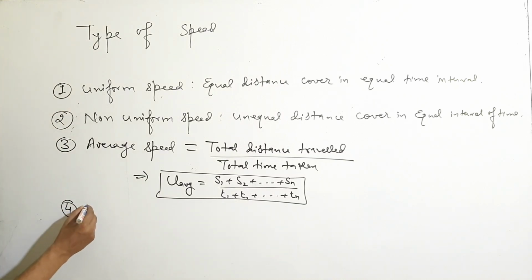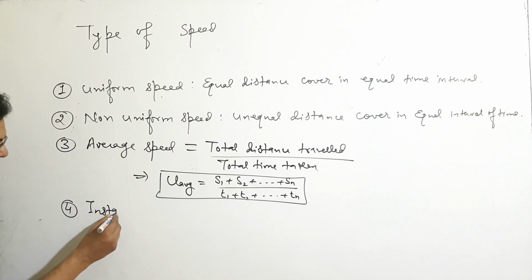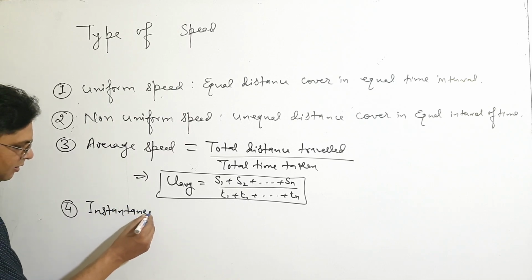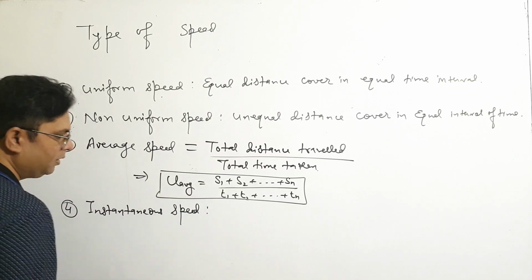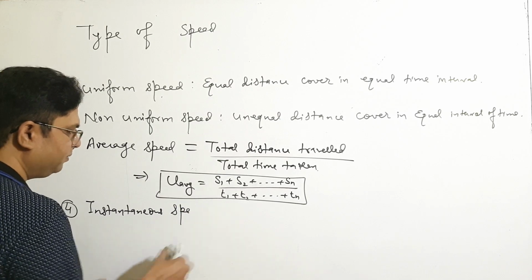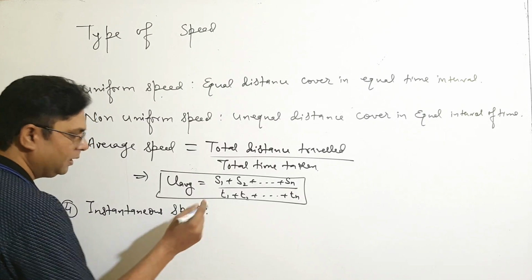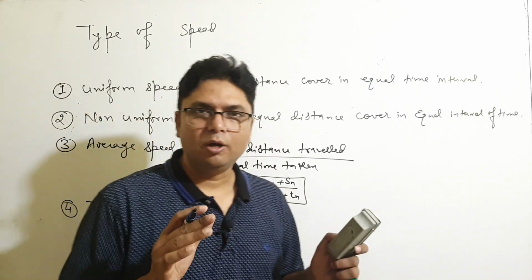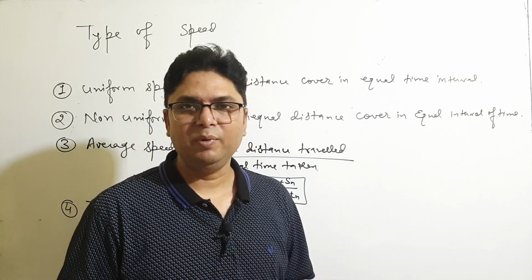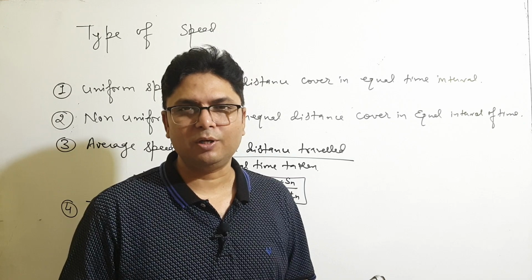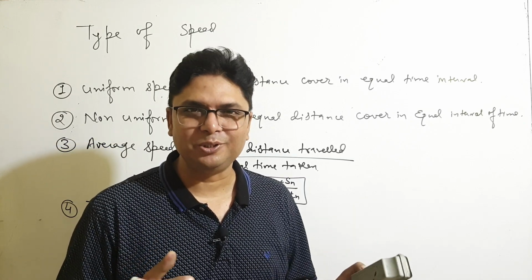Fourth is said to be instantaneous speed. This is the speed at a particular instant of time, when the time interval is so small that it tends to 0.